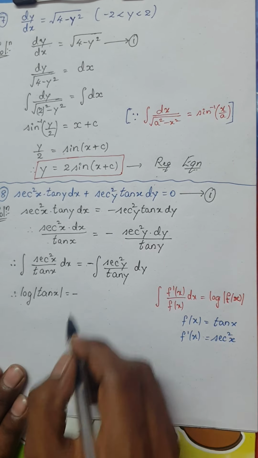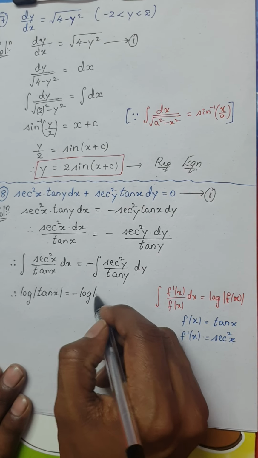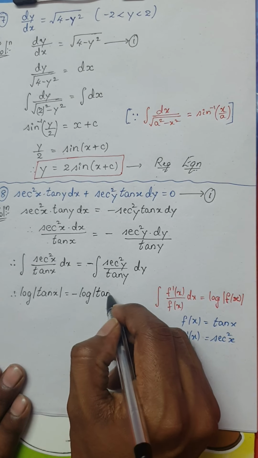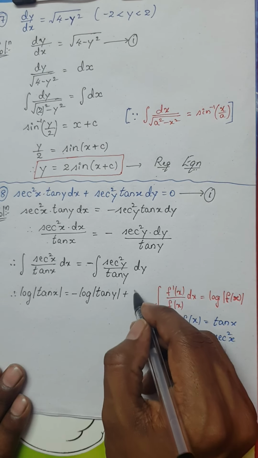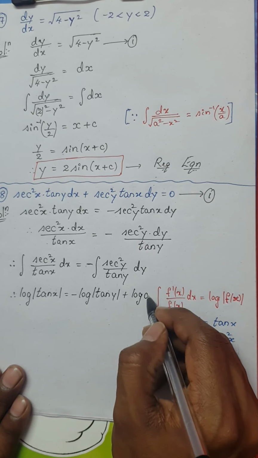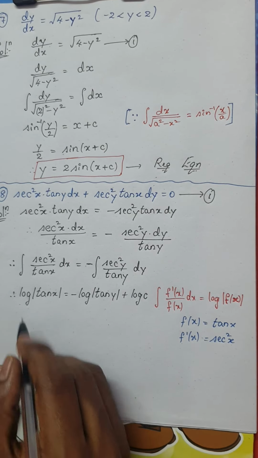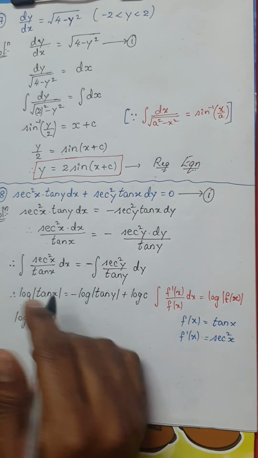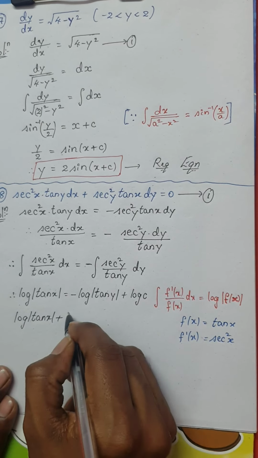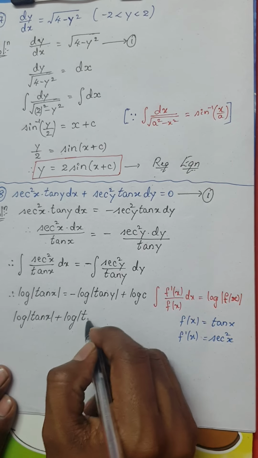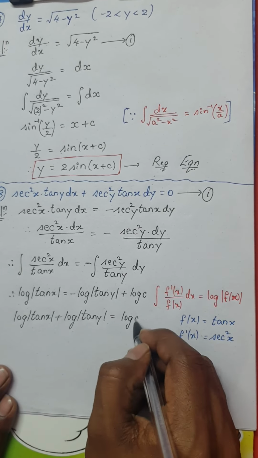This is nothing but minus, similarly the same integral in terms of y, log of mod tan y. Plus, because both the terms are in terms of log, I'm going to take the constant as log c. Now bring the log term to the left hand side: log of mod tan x plus log of mod tan y is nothing but log c.